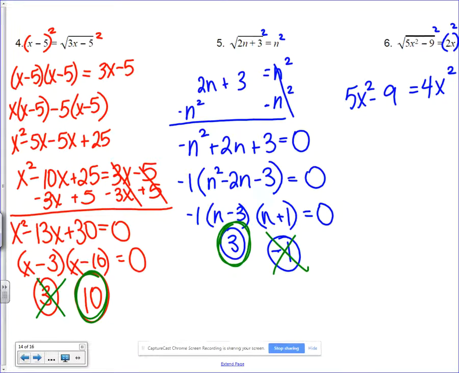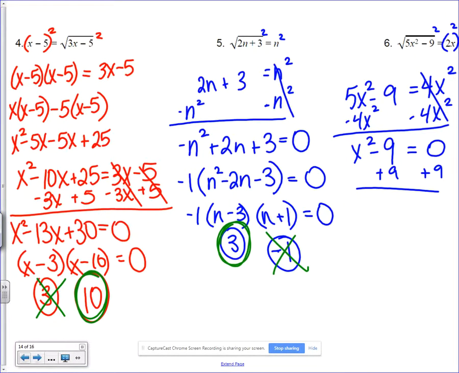Now what? Yep. You got it. Minus the 4x squared. So what's the new equation? So isolate or factor? Isolate. Add the 9 over. So x squared is... Nope. Just 9. When you square root it is when we do the plus or minus.